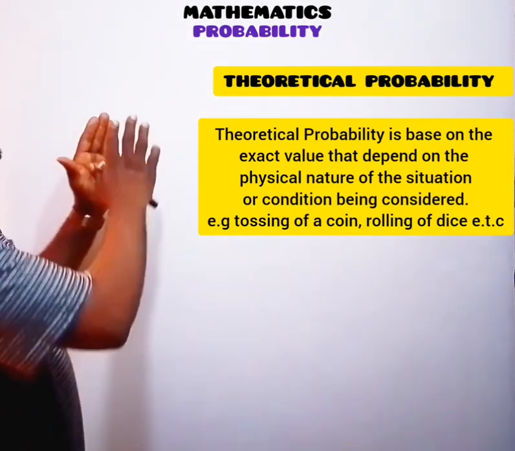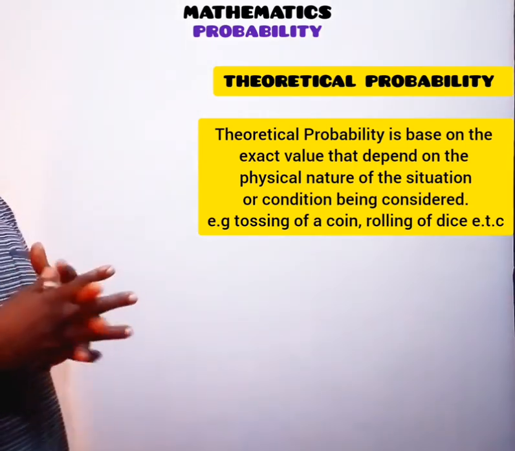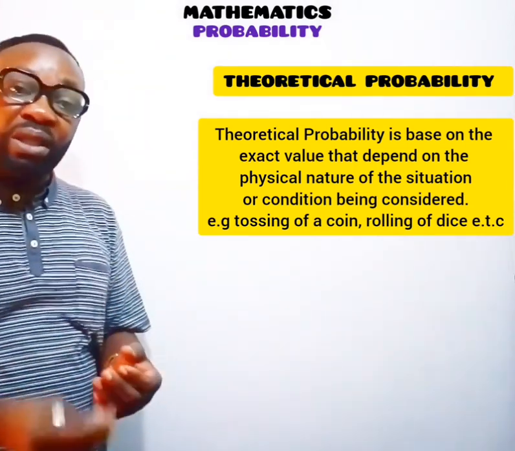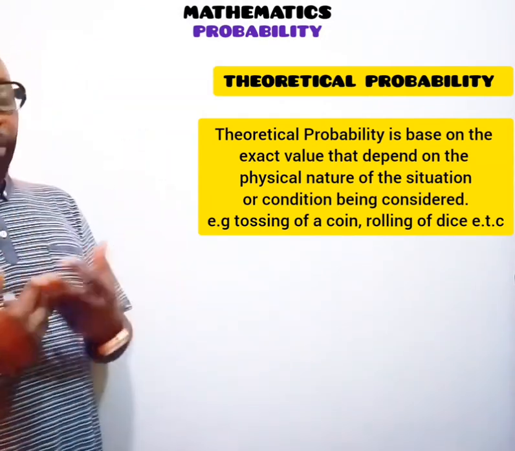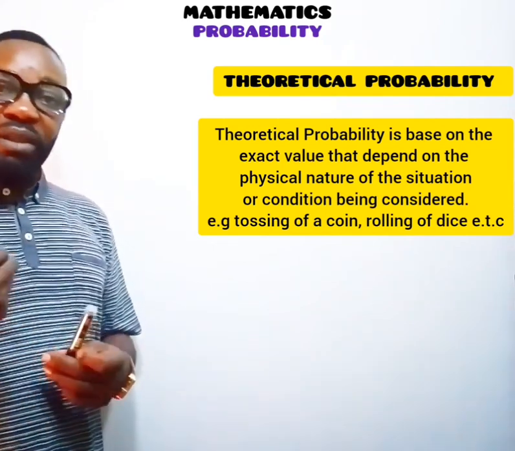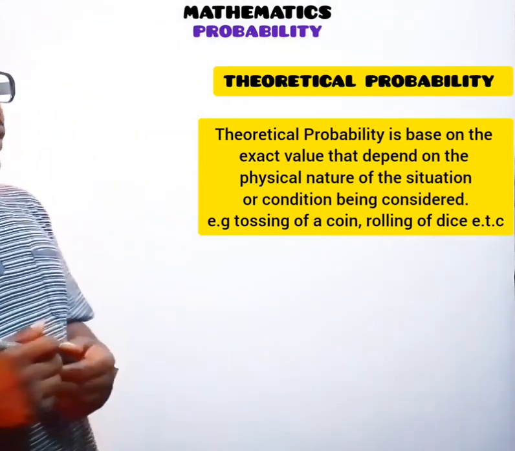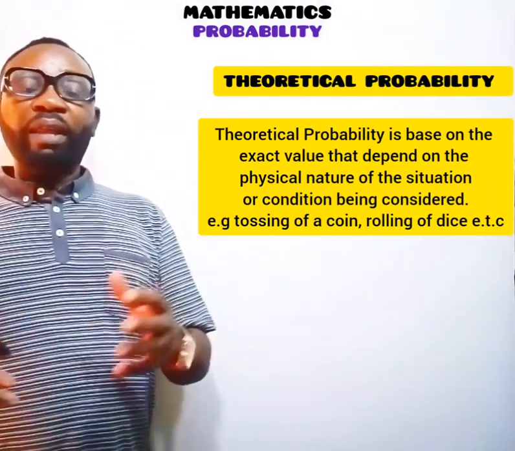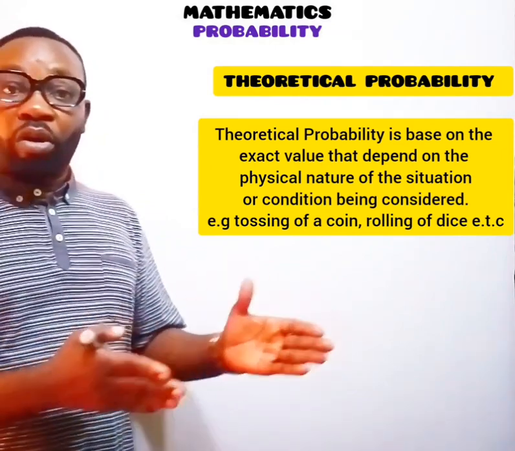When we talk about the physical nature or condition being considered, we can be talking about events such as tossing of a coin, or the rolling of a dice. Those are physical things that we can see. We can also be talking about selection of objects, like selecting different colors of balls.